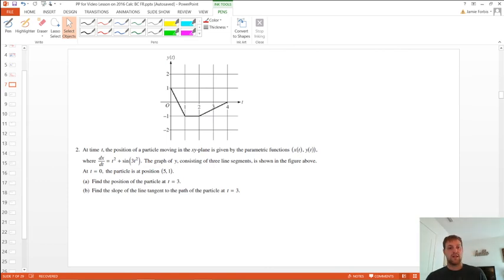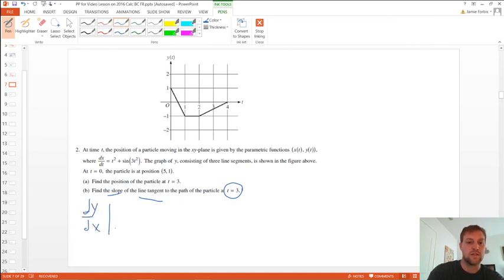B says, find the slope of the line tangent to the path of the particle at time equals 3. We've been asked that question numerous times in numerous settings. All that's asking for is dy over dx at time equals 3.